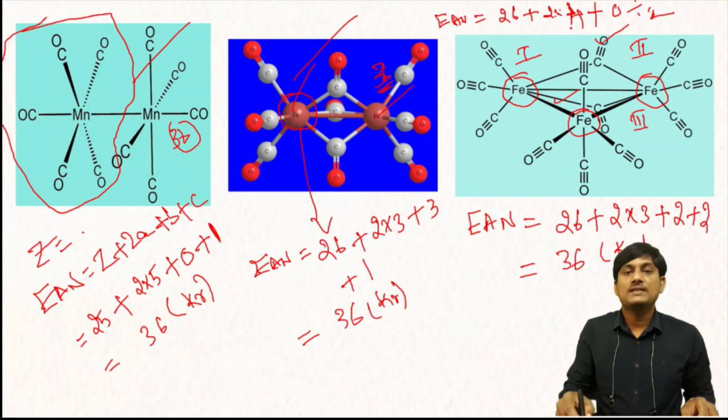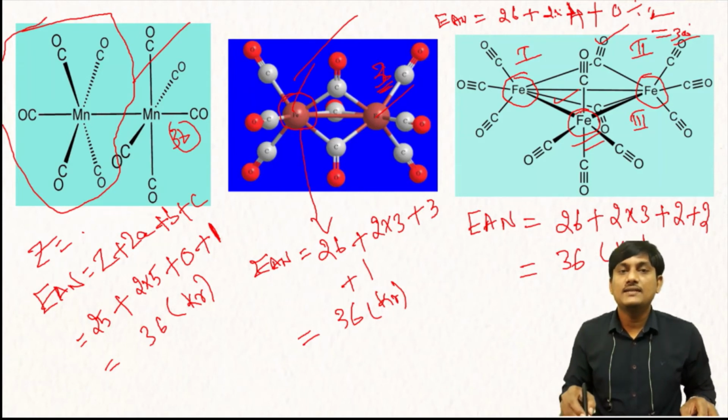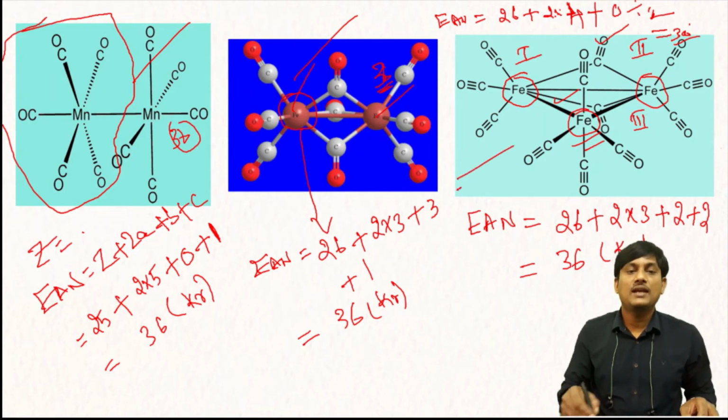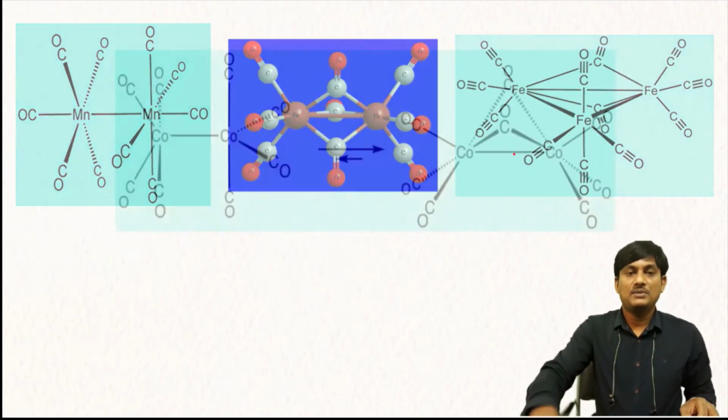So 26 plus 8 plus 2, again you will get 36. So for this also you are getting 36. So in this complex, all the iron atoms attain the number of electrons equal to krypton. So this complex is stable according to the effective atomic number rule.